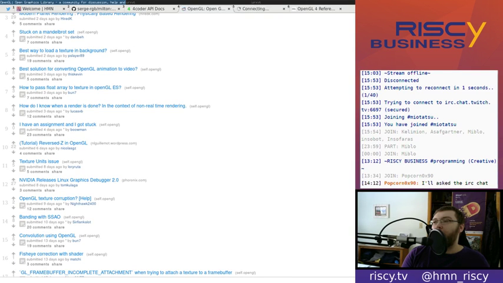So OpenGL wiki, official reference, docs.gl. I think that's what I'm thinking of. API tables, some database thing.